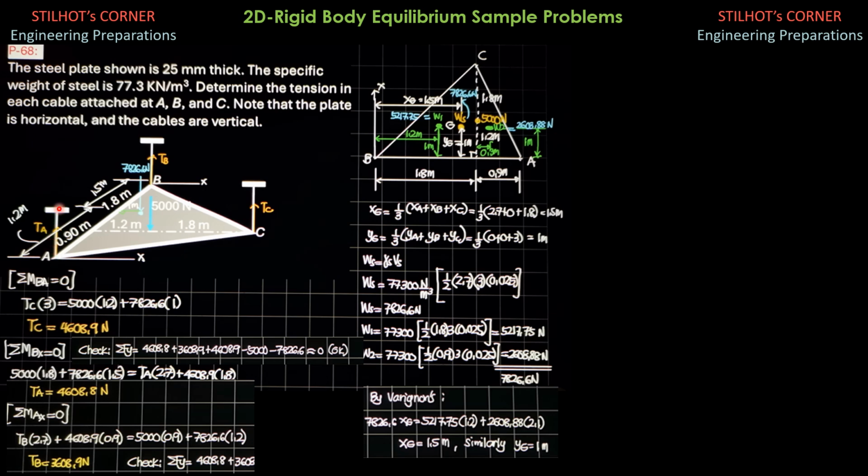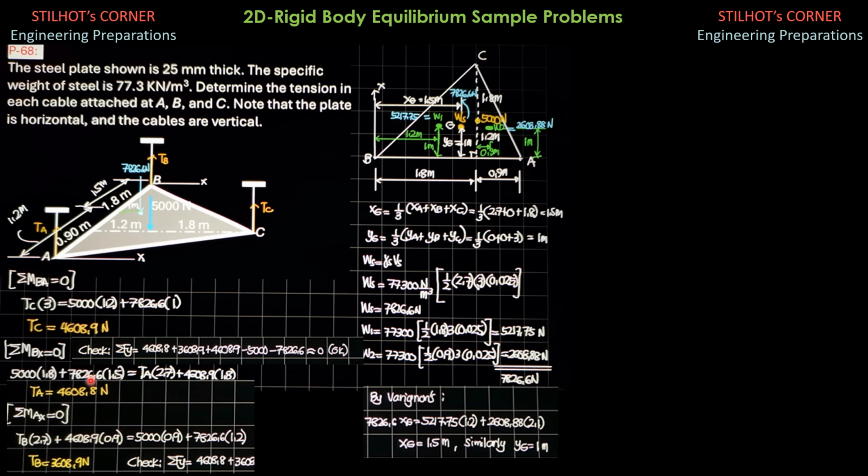Equals tension at A times 2.7. That's 2.7, 1.8 plus 0.9. Tension at A, distance to Bx is 2.7. Then plus tension at C, this one. Summation of moment about Dx.